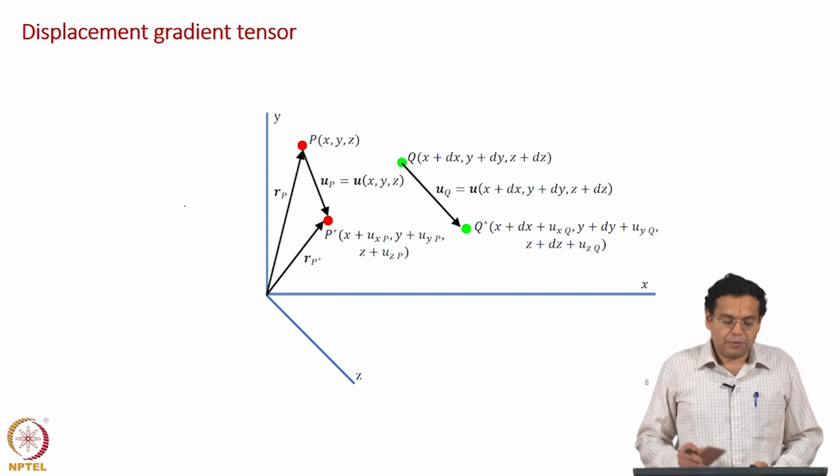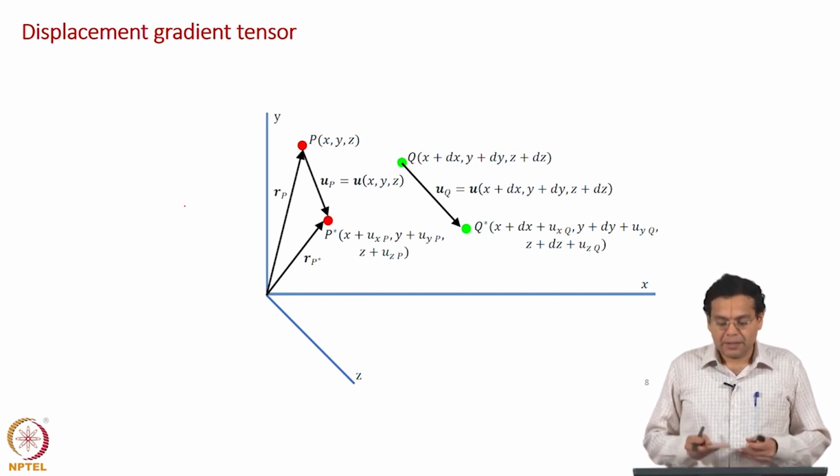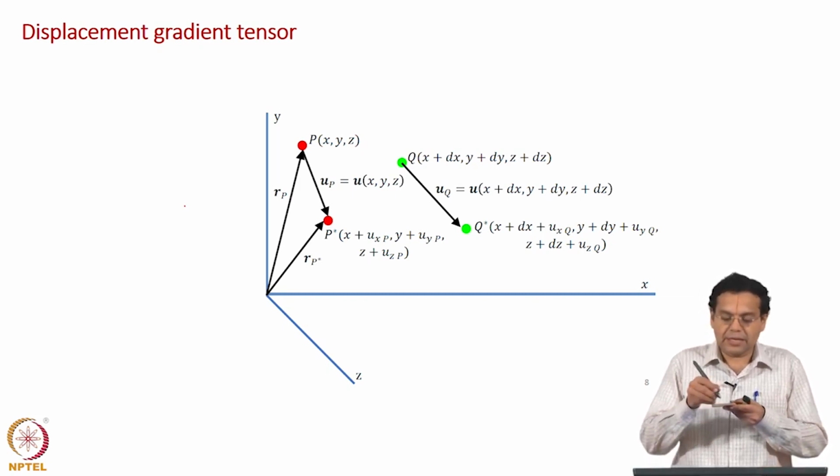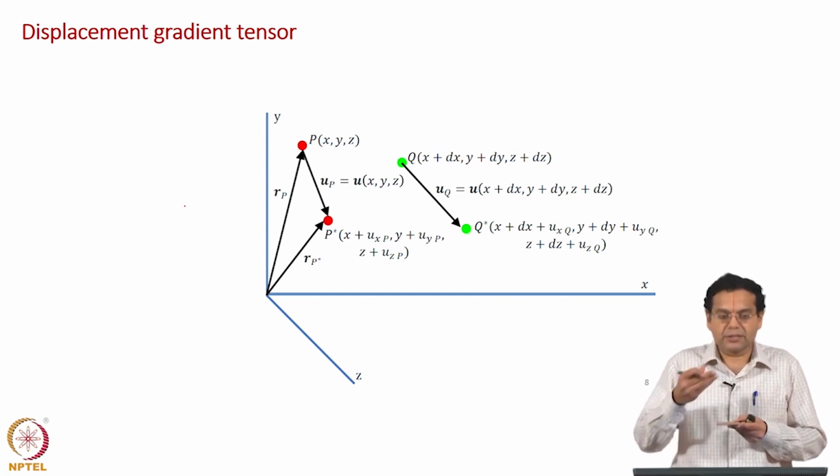Okay. Before going ahead with that, what is shown in this figure are points P and P star, Q and Q star. So, what is shown is, you take a plate, identify point P, identify point Q, and it undergoes change in coordinates. It could be rigid body motion, it could be deformation.